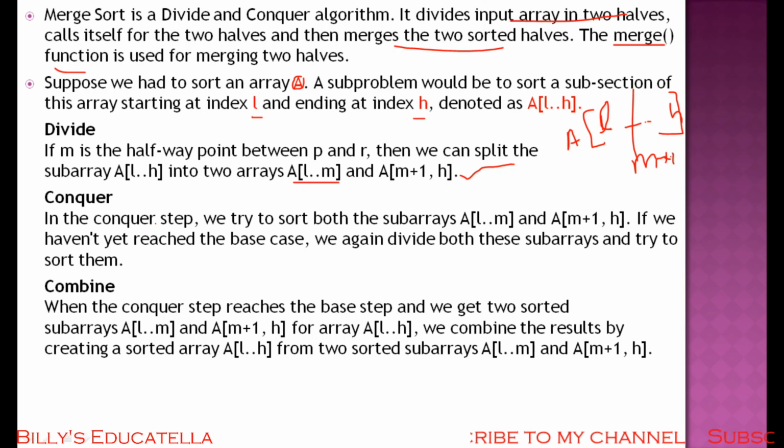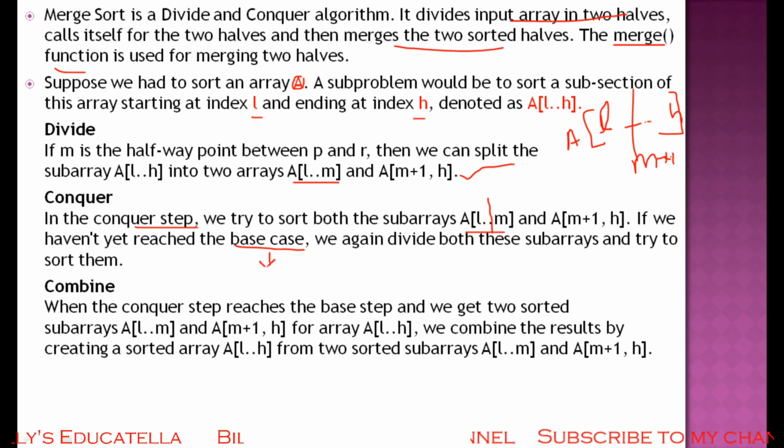Next, conquering. In this conquer step, we try to sort the subarray A of L to M. That means array L to M is again subdivided into two halves until the array consists of a single element. Similarly for the right subarray, if we haven't yet reached the base case, we again divide both the subarrays and try to sort them, until the base case is reached.